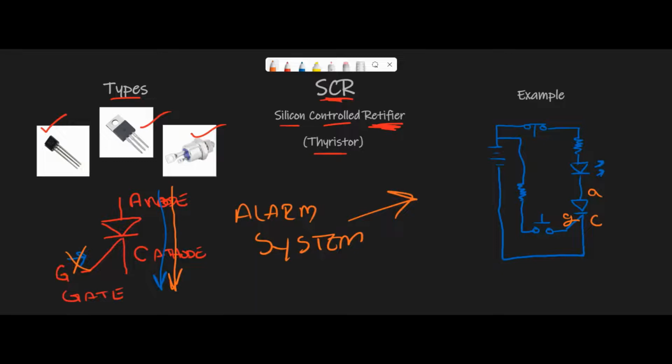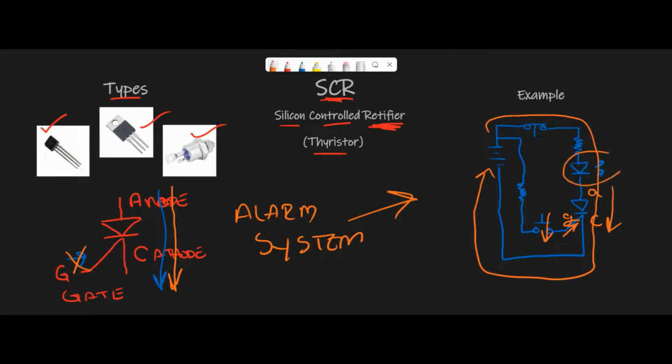So we close this switch, power goes to the gate, current is allowed to flow, and it lights our LED. Or in this case, since this would be an alarm type system, maybe a flashing light, or you can replace that with a buzzer or some other loud noisemaker.